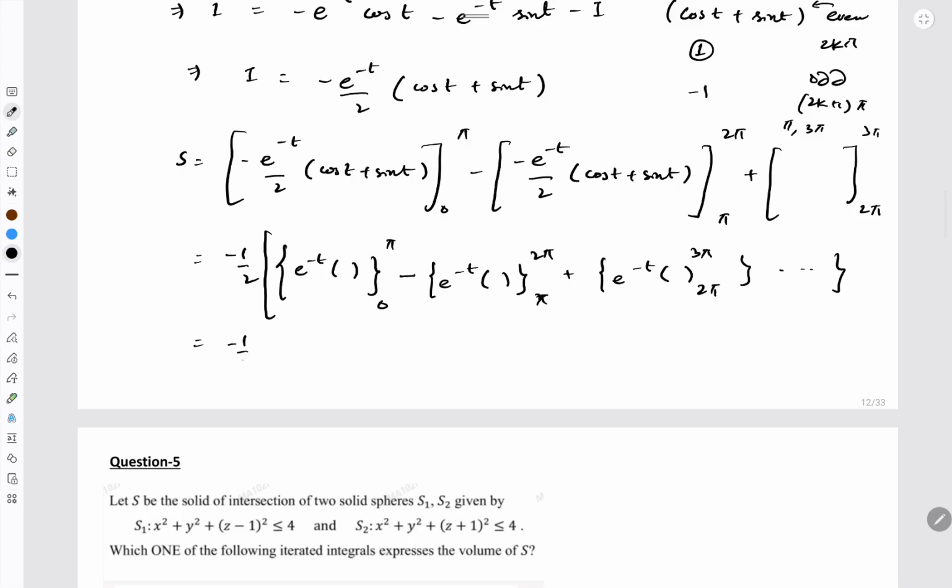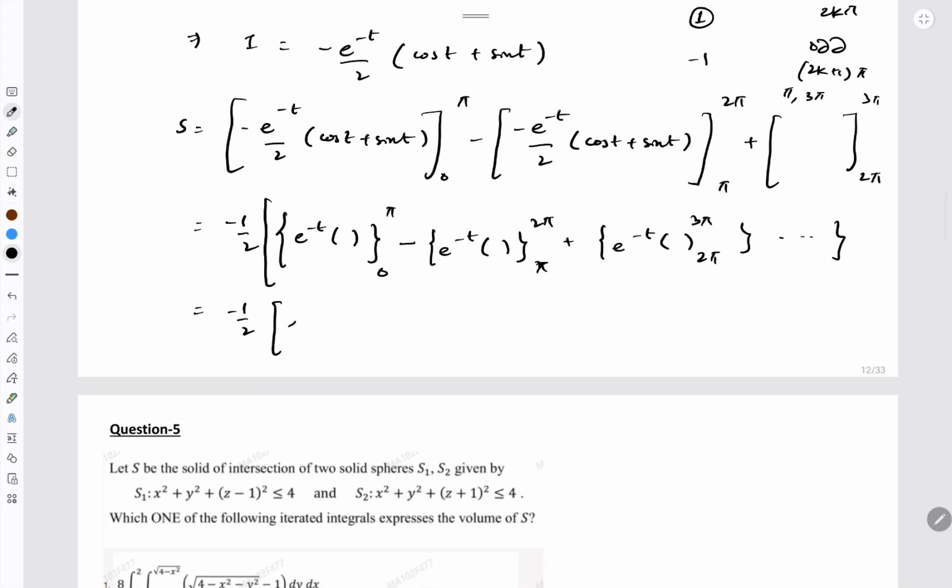So if I expand it, minus 1 by 2, e power minus pi, odd multiple of pi gives minus 1, minus even multiple of pi gives 1. So e power minus 0 into 1, this is the first value. Minus, for the even multiple, e power minus 2 pi into minus 1.